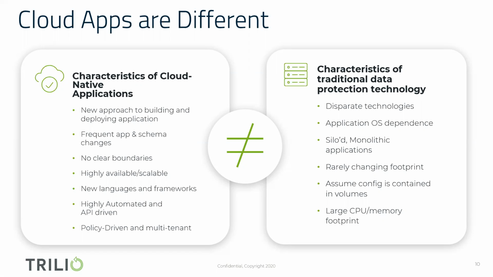Today, it's all about scale out. So the footprint is changing rapidly, and trying to manage that footprint with an agent is very difficult. It's also very difficult to understand which application I'm backing up with that agent, as everything is scaling out quickly. And also, the traditional paradigms for backup assumed that the config for the application was contained inside the volumes on that host, right?